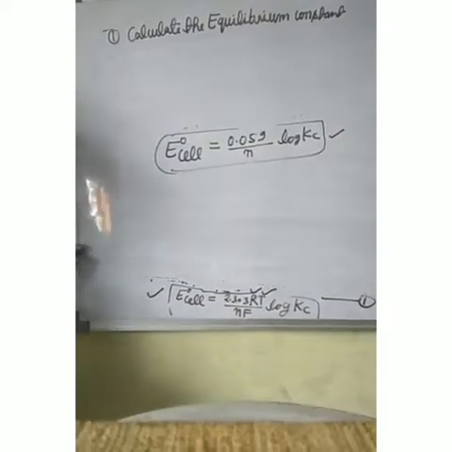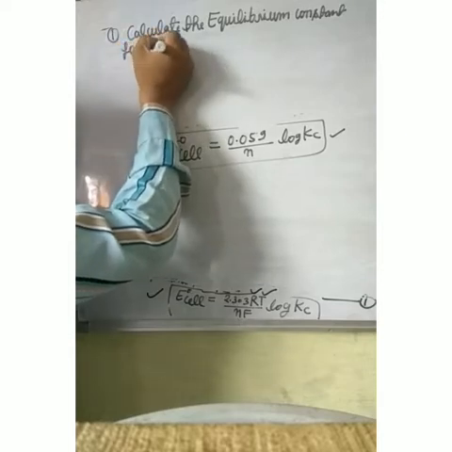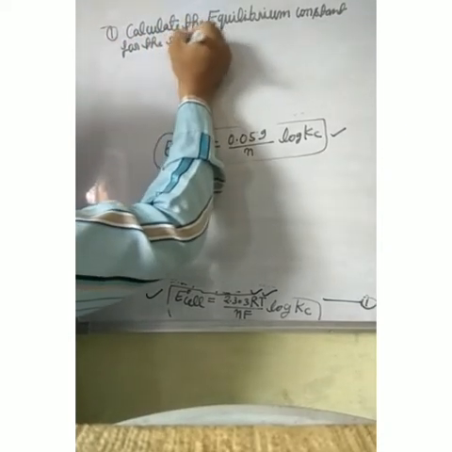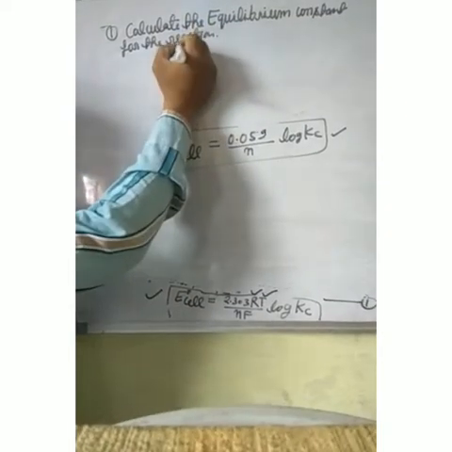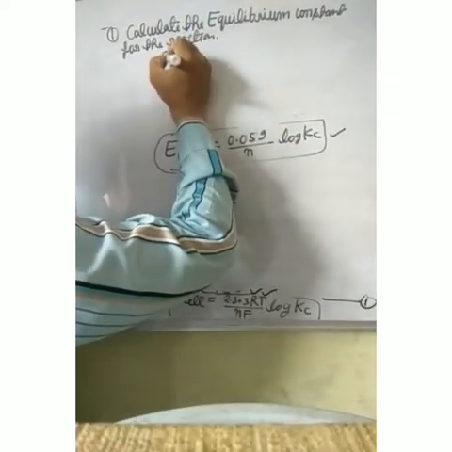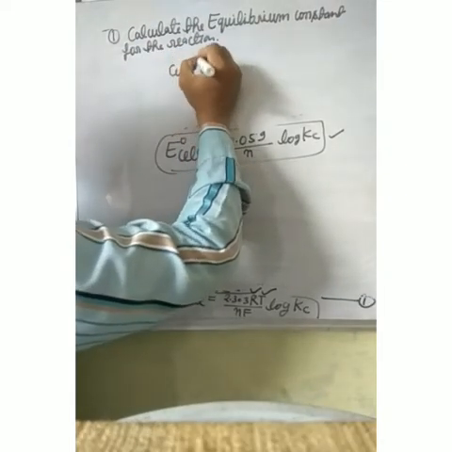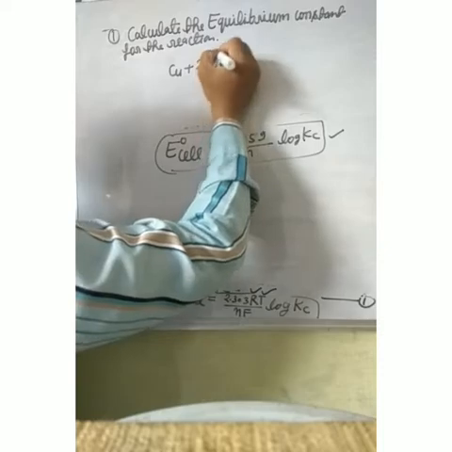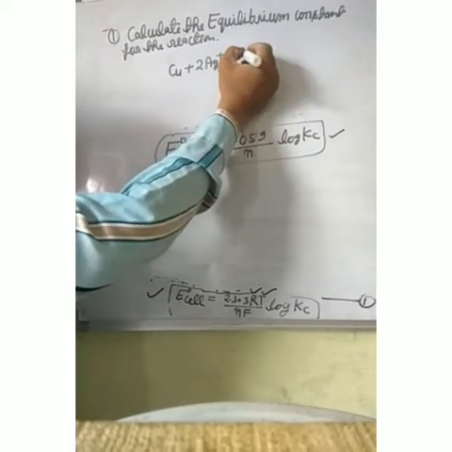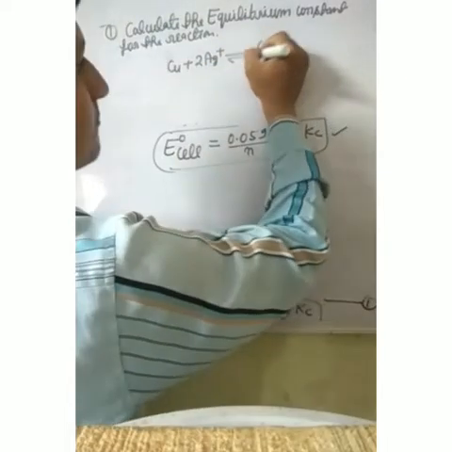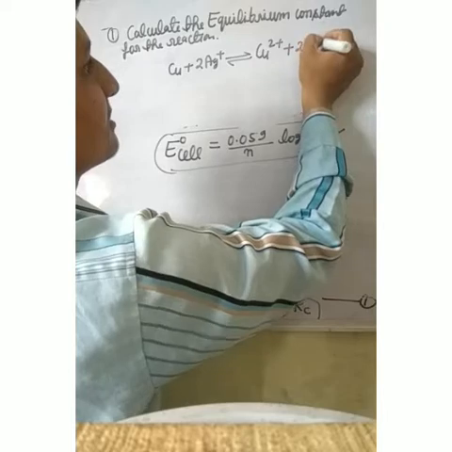The reaction is copper plus silver ion gives copper ion plus silver.